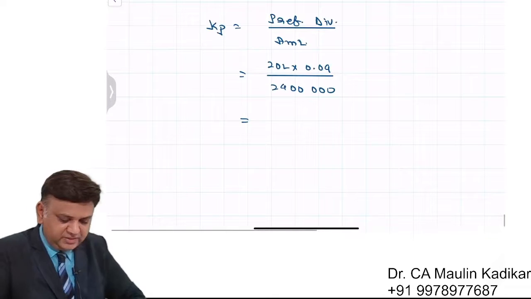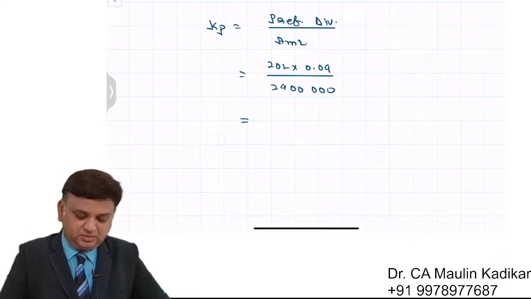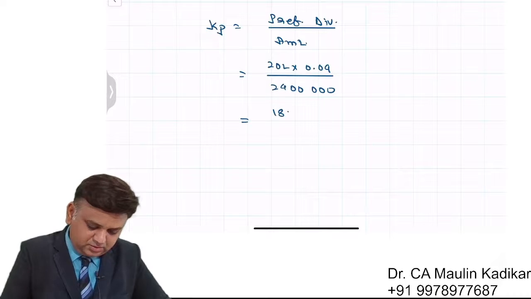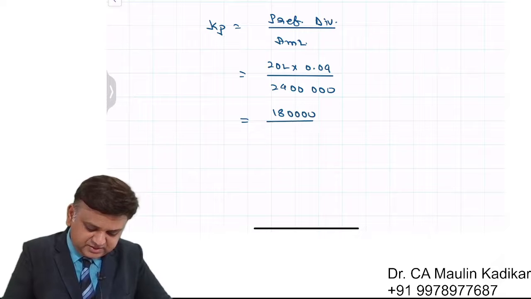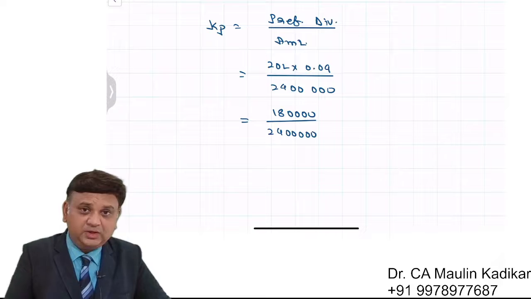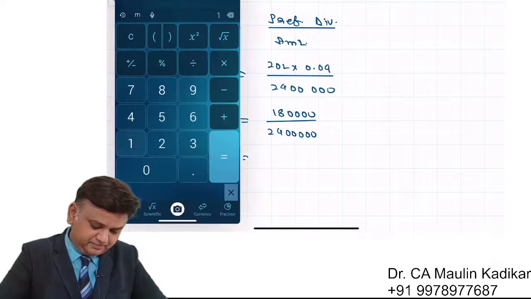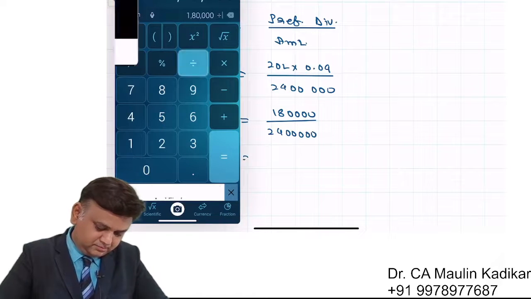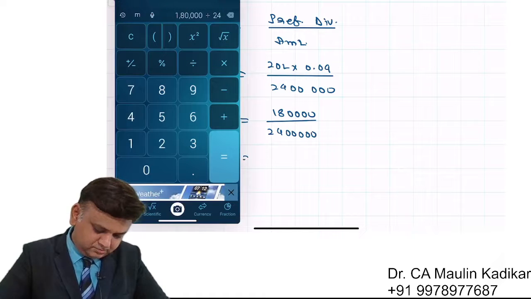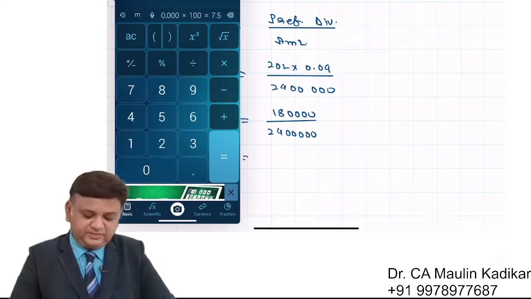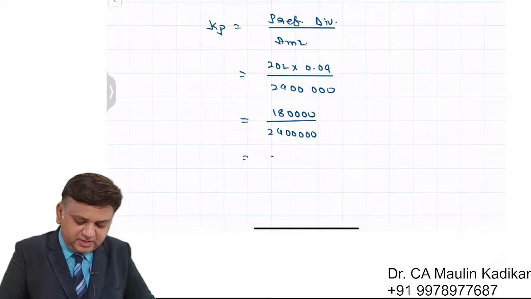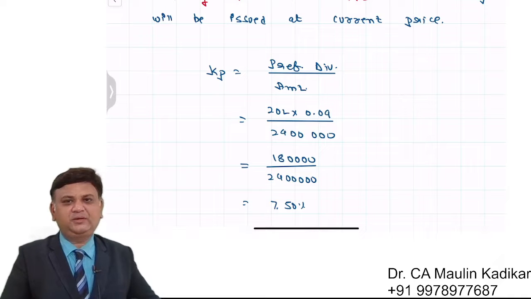So 9% of 20 lakhs comes to 1,80,000, divided by 24 lakhs into 100 for getting the answer in percentage terms. That is 7.5%. Because either you do the working in total or you do the answer per share, it is one and the same.